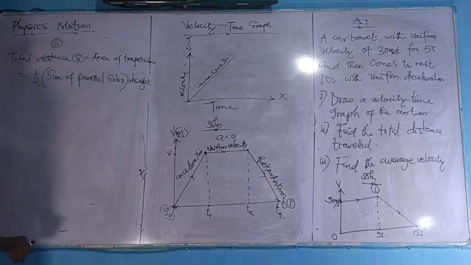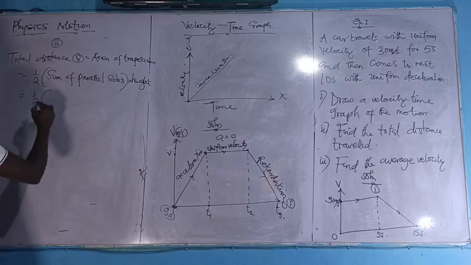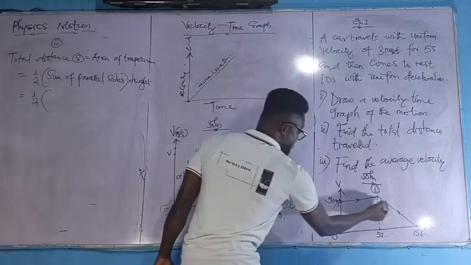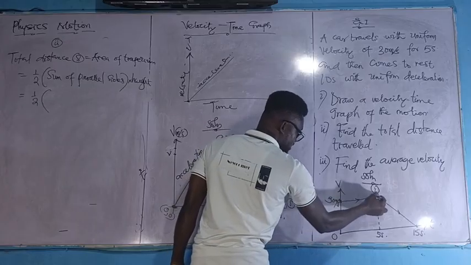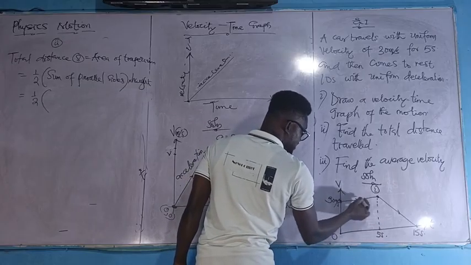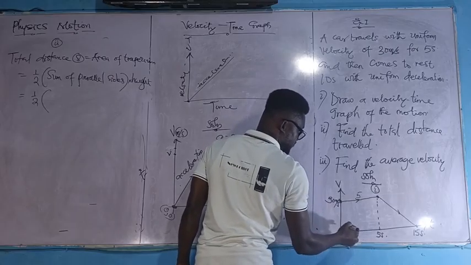Half the sum of parallel sides times height. Now we are going to look into the sides that are parallel to each other. Now these are parallel to this. Now let's take this. Here is 0. This point is 5. So from 0 to 5, the length here is 5 units.